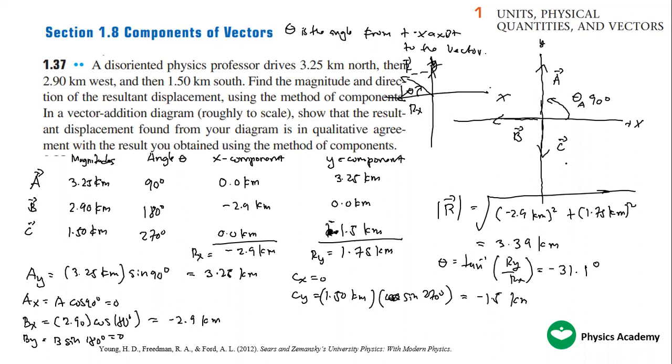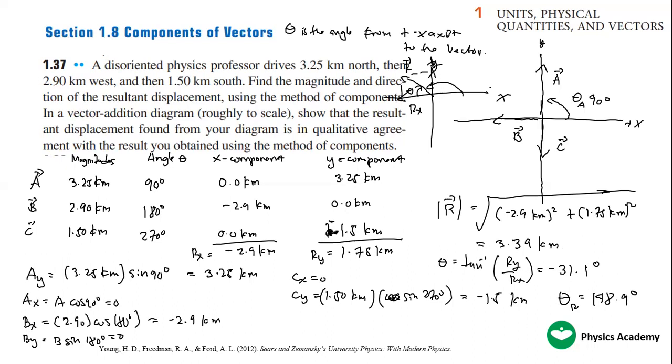So if you want to find the resultant angle, theta R is just 180 minus 31.1, so 148.9 degrees.